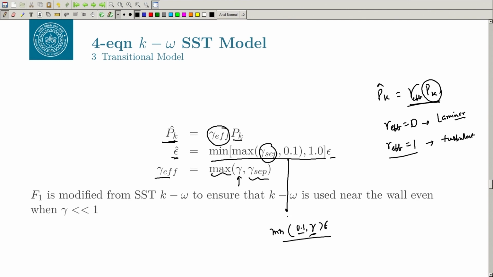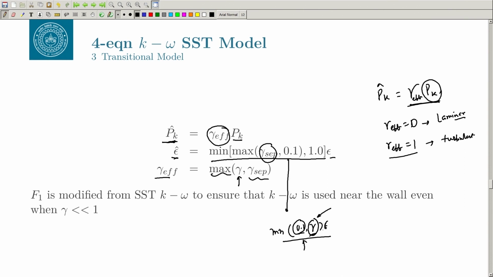What this modification says is that if the flow is laminar, when gamma is equal to 0, again I am saying that this is not gamma itself, but some combination of gamma which makes sure that it is 1 in the fully turbulent flow and a value greater than maybe 0.1 in other regions.